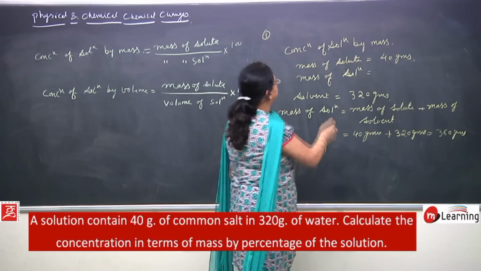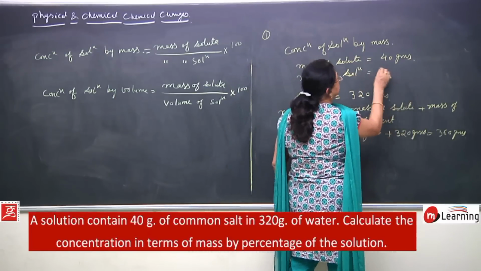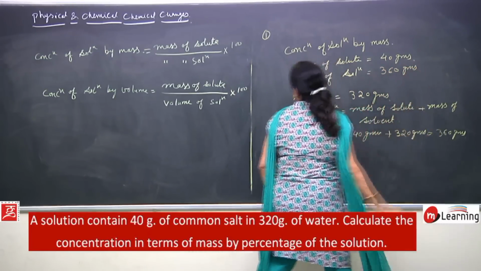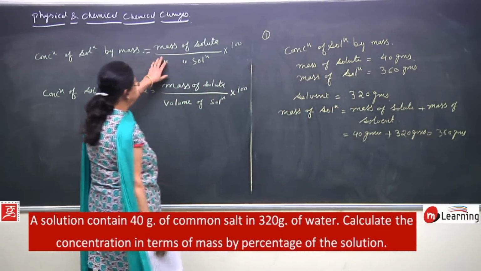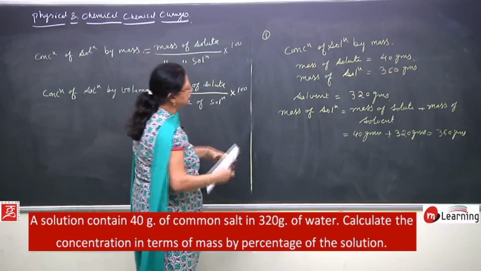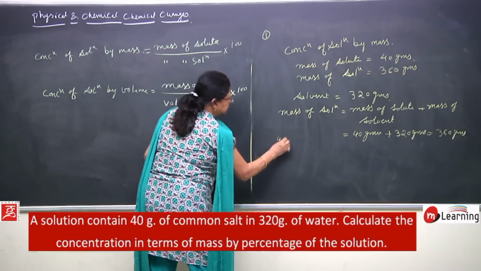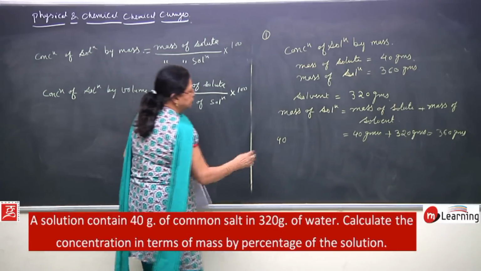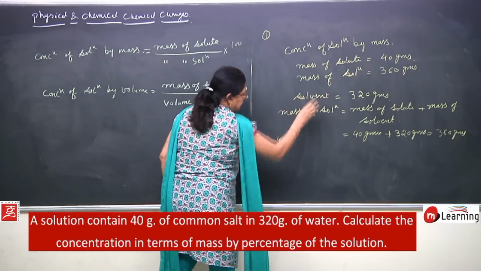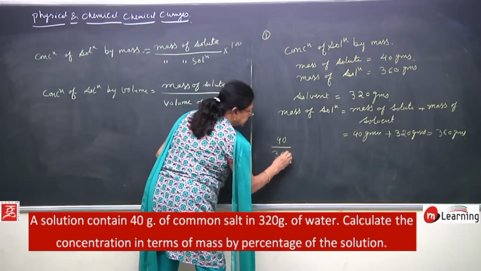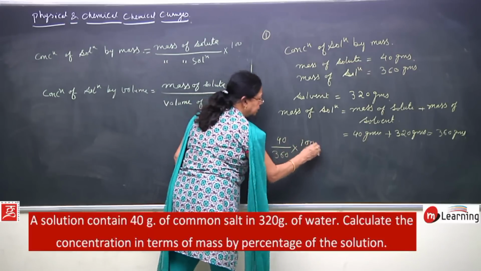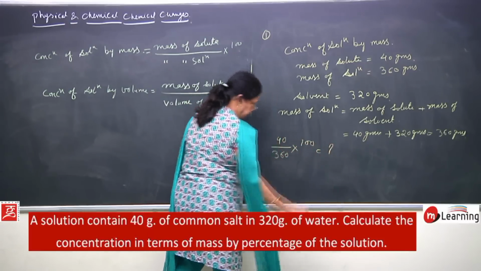And so, here mass of solution is equal to 360 grams. And what does this formula stand for here? Mass of solute is equal to 40 grams and mass of solution is equal to 360 grams, into 100. This you can find out.